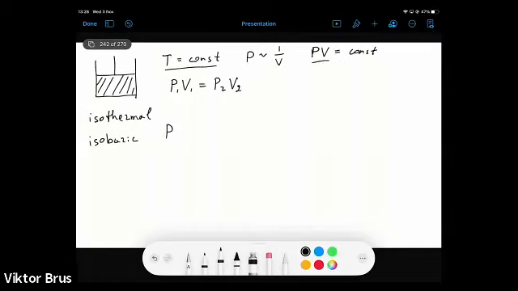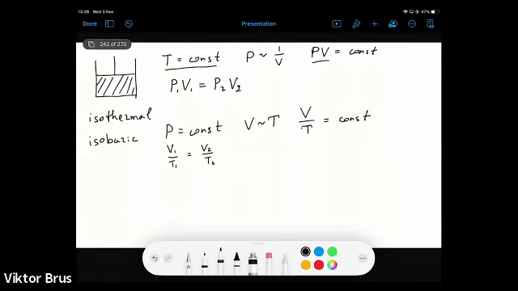So pressure is constant, and in this case we can write that volume is proportional to temperature. In other words, volume divided by temperature is constant. And if we consider two states of ideal gas, going from the first state to another via some isobaric process, we can write that V1 divided by T1 is equal to V2 divided by T2.